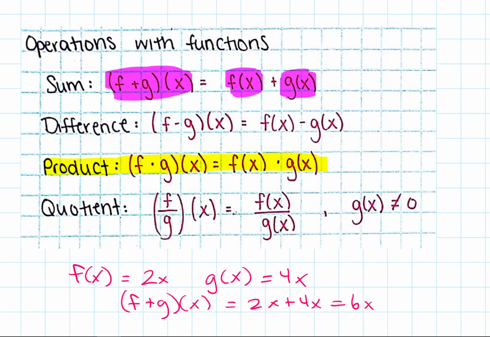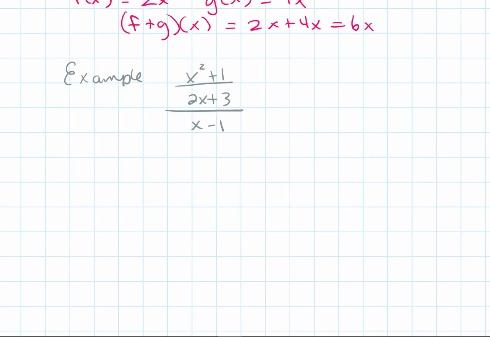One that you have to be careful with is the quotient, where we have f over g. And the reason I'm saying that you just want to be careful is if we have a function that is irrational. So with a division question, I'm just recommending that you be careful and you separate it and rewrite it horizontally.